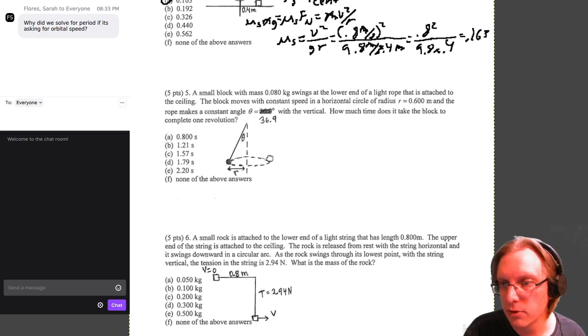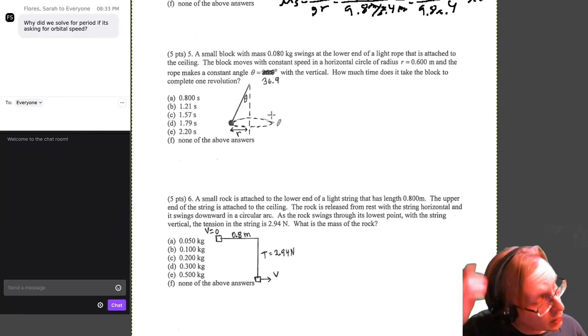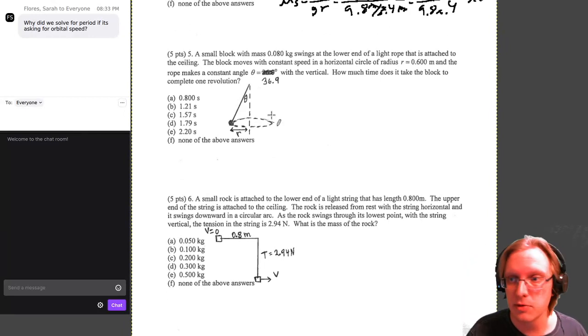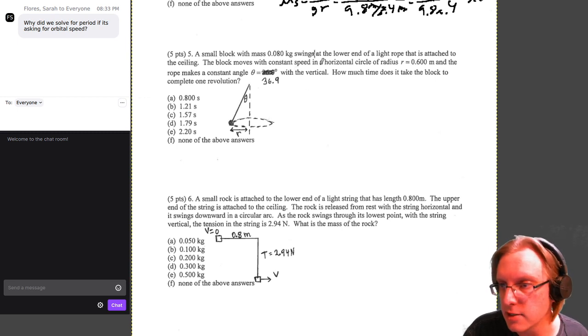Nope, they didn't. If they don't give a thing, quite often that thing cancels out. And as it happened, that mass canceled out. The block moves at constant speed in a horizontal circle of this radius, and the rope makes a constant angle, 36.9 degrees.